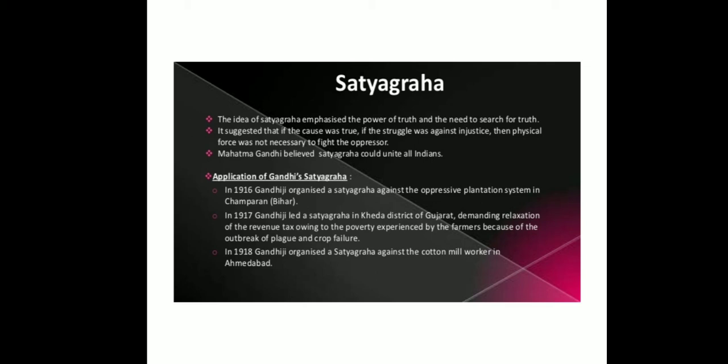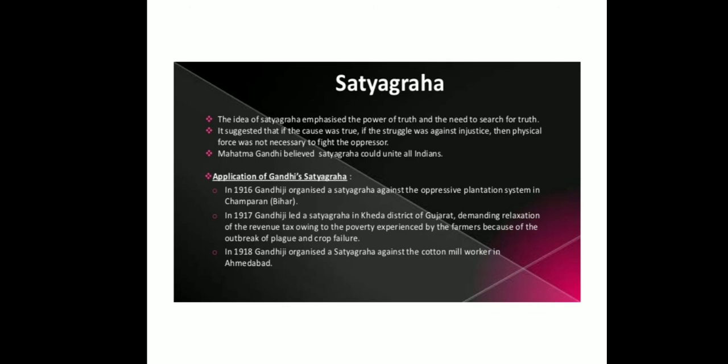In 1917, Gandhiji fought against the increased taxes imposed by the Britishers, to reduce the price and to give them profit. He was also against the increased price because the crops had failed due to famine and because of the plague, the epidemic disease that spread in that area.